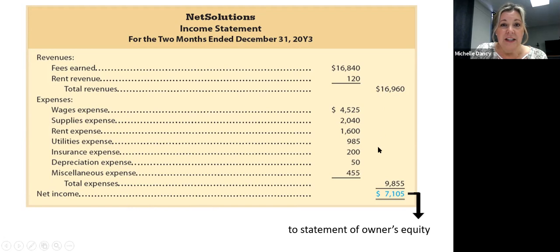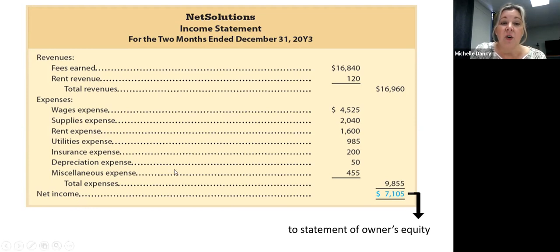So $16,960 minus $9,855 gives me $7,105. And we call that what? Net income. Net income is our accounting word for profit. If we ever have one where our expenses are greater than our revenue, then we would call this net loss, because we didn't have a profit, we had a loss.